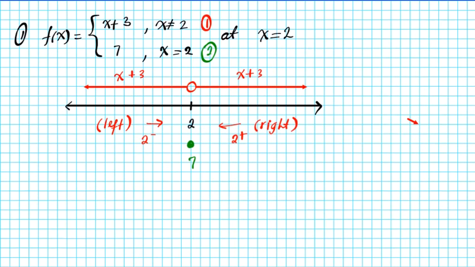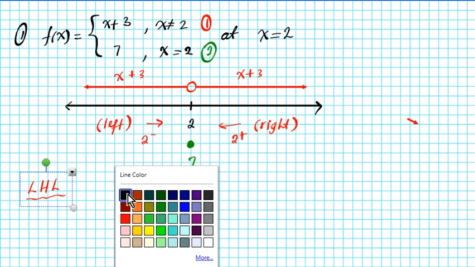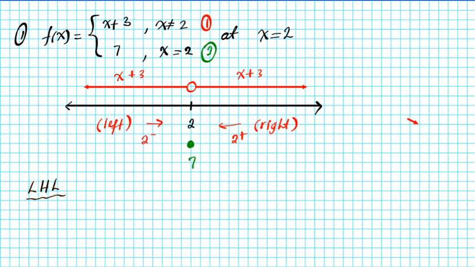Let's start with the left-hand limit. For the left-hand limit, we're looking for the limit as x approaches 2 from the left of the function. When you're approaching 2 from the left, x plus 3 is active.